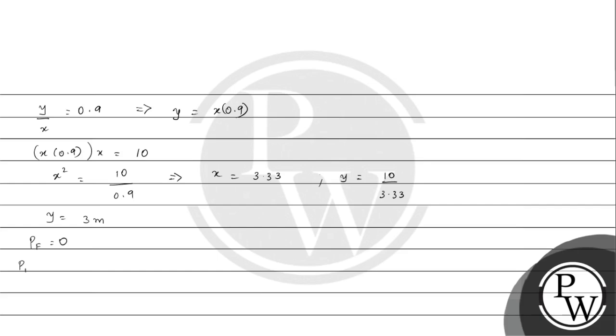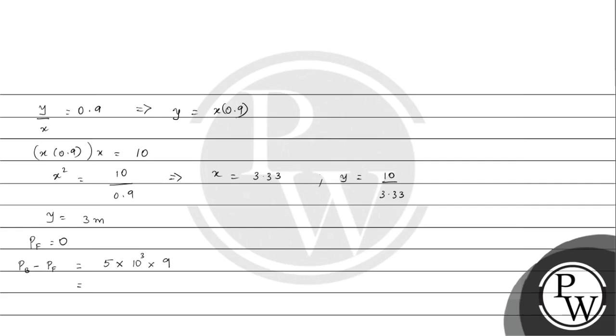So gauge pressure, which is the pressure at the back surface minus the pressure at the front surface, is going to be equal to just the length into the density of water into acceleration due to gravity.